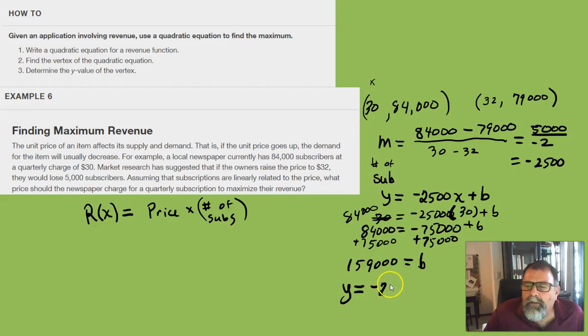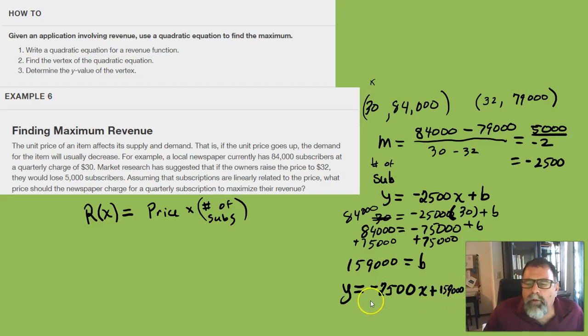Okay, so now we have y, which is the number of subs, written as a function of x. And again, it's a linear function because they told us to assume that it's linearly related. So we just do that process we did in the last chapter. Negative 2,500 x plus b is now the 159,000.